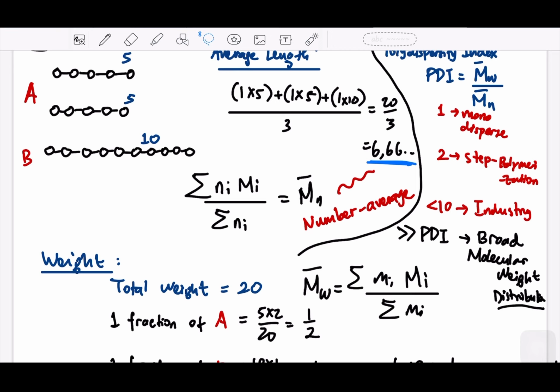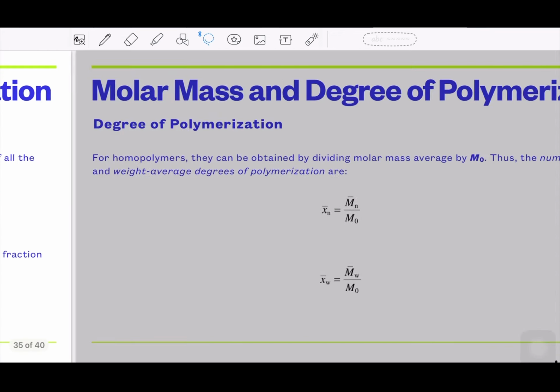So the more we have the number and the weight average, if we take the ratio between the weight average over the number average, the greater. You can imagine here, let me just explain a little bit.